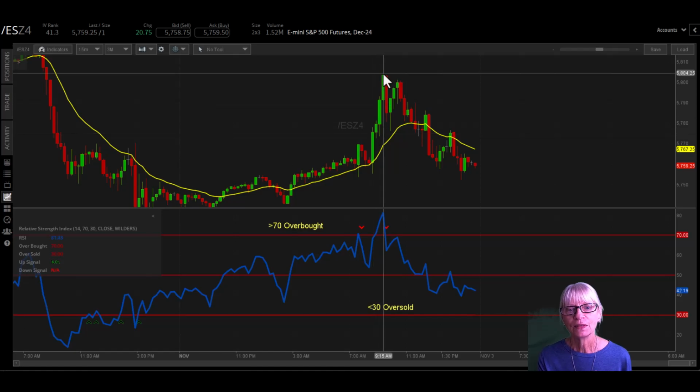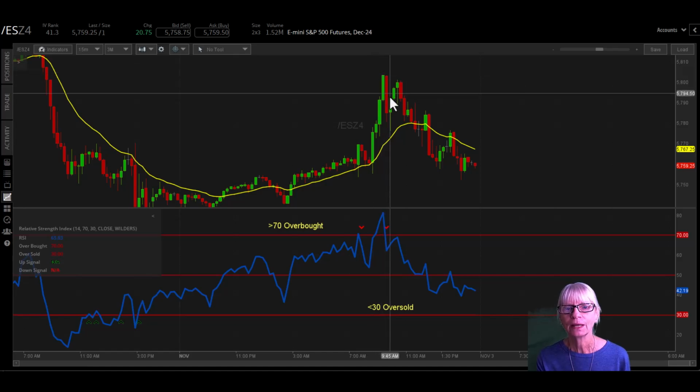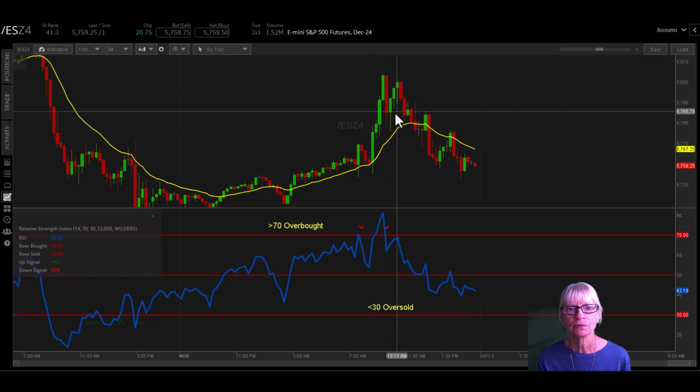And then the RSI dropped down considerably, as you can see, and bounced back up. Now, when it came back up, it couldn't even hit that 70 point. So there was a lot of weakness in the RSI. And you can see by the price action up at the top here, we had a strong move up. It dipped back down a little, still above the EMA.